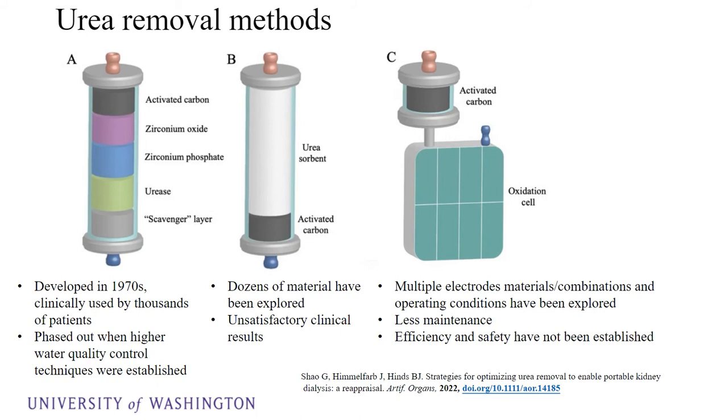The advantage is that it requires the least maintenance, as it doesn't need the very heavy ion exchange materials, and it doesn't need daily replacement of the urea sorbent, which would be many kilograms. However, the efficiency and safety of this oxidation-based urea removal method has never been established.